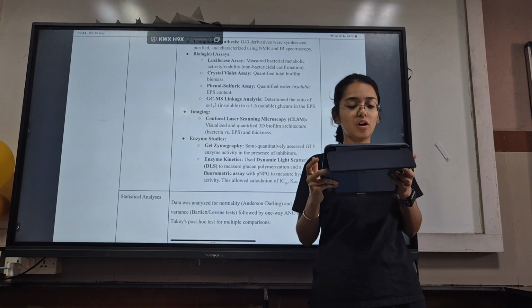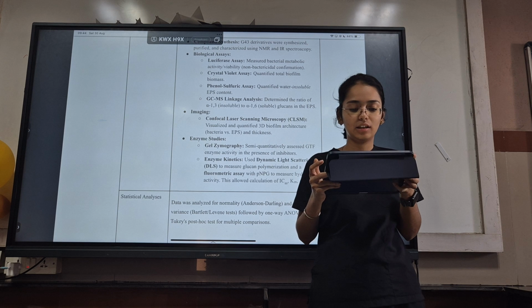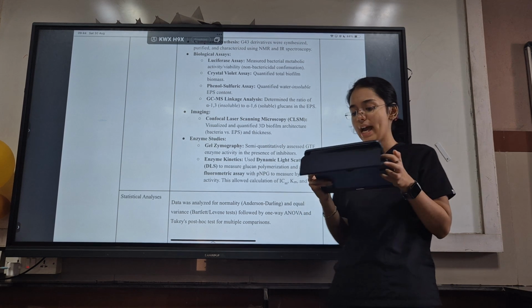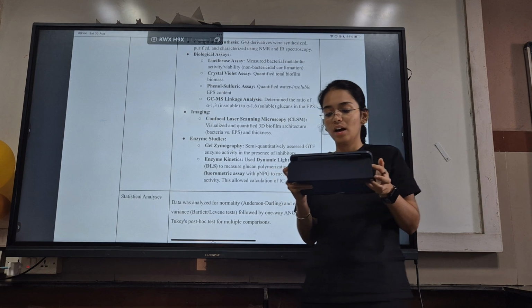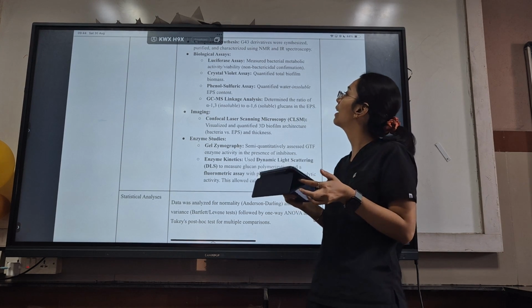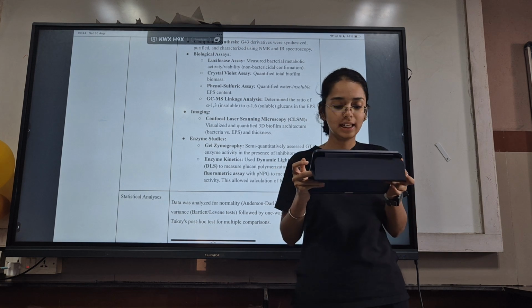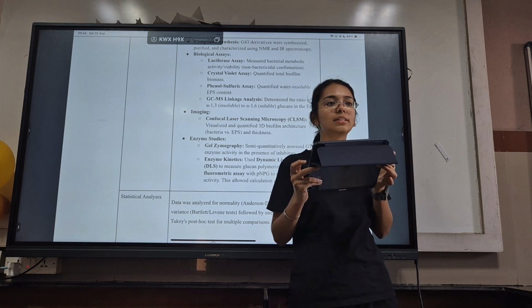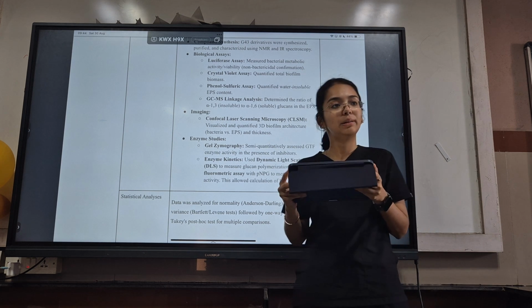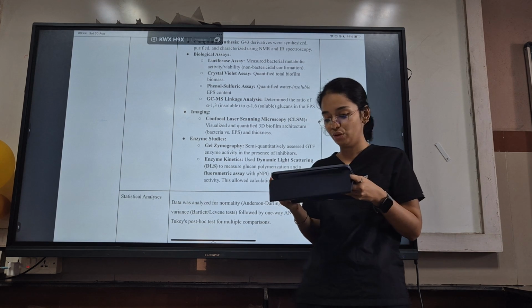They also carried out biological assays like the luciferase assay, which measured bacterial metabolic activity or viability. They did the crystal violet assay, which quantified the total biofilm biomass. And thirdly, they did the phenol sulfuric assay, which quantified the water-insoluble EPS content present in S. mutans.